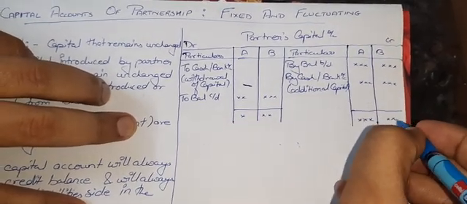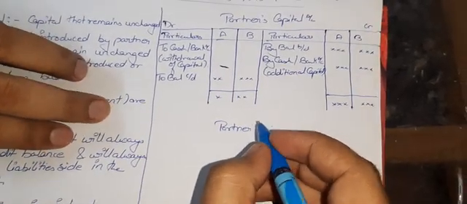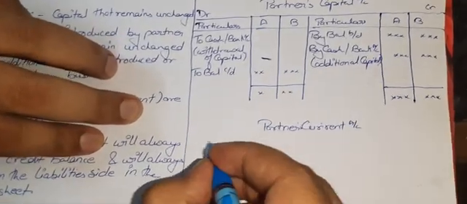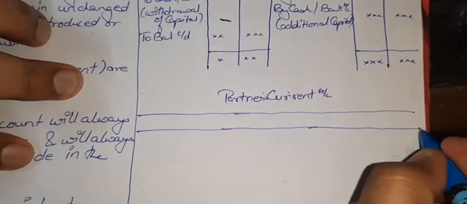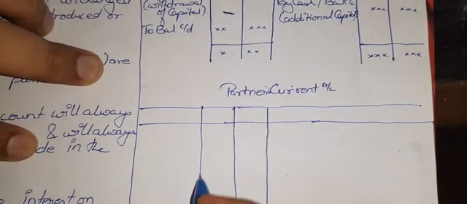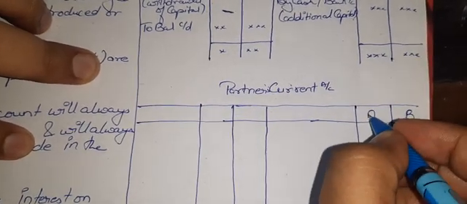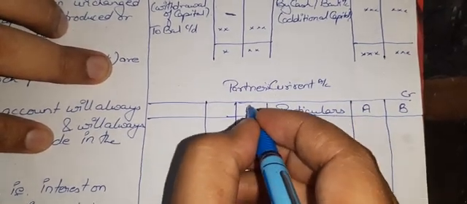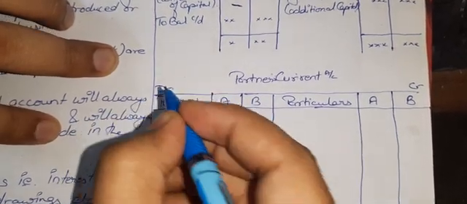The second account is the partner's current account, where all the other information is shown.